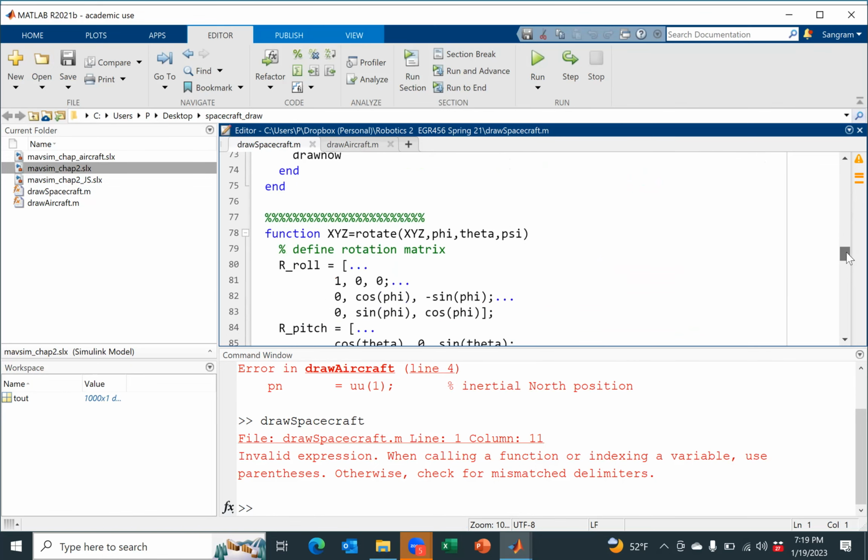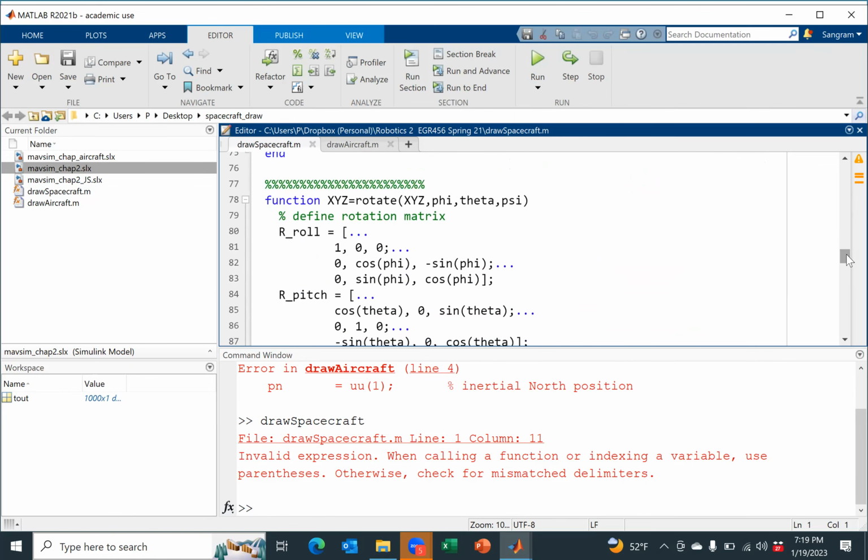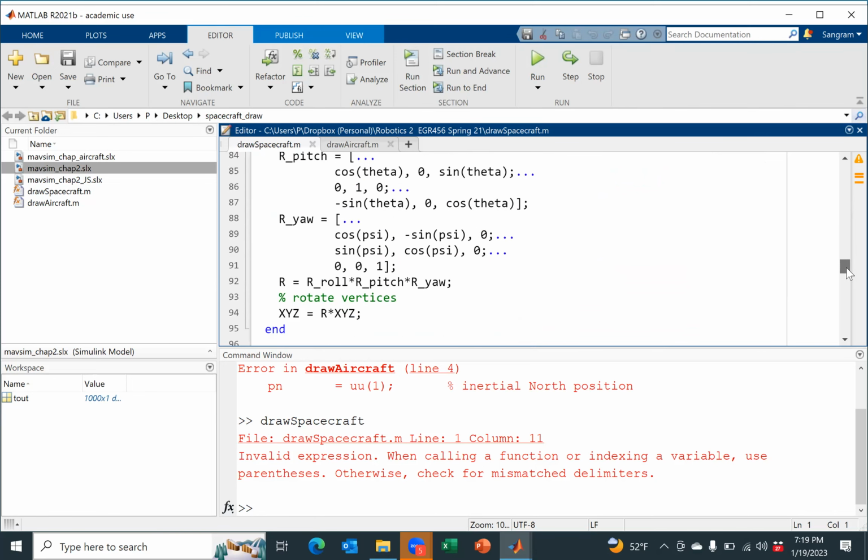And then you have these rotation matrices. Please understand, these are the exact same rotation matrices. Rotation about X, rotation about Y, and you have the rotation about Z. And then you are finding out this direction cosine matrix, which is the product of roll, pitch, and yaw. And I want you to understand the order is very important. How are we rotating?